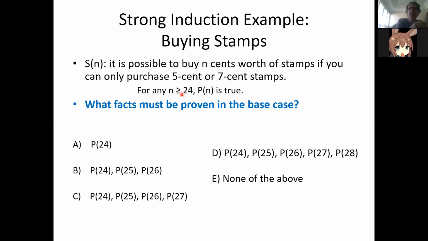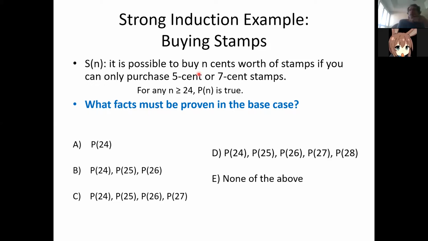Some integers earlier are clearly multiples of 5 or multiples of 7, or combinations of multiples of 5 and 7, but not all of them, right? And in particular, 23 cannot be expressed in this way, but 24 can, and after that, everything can.